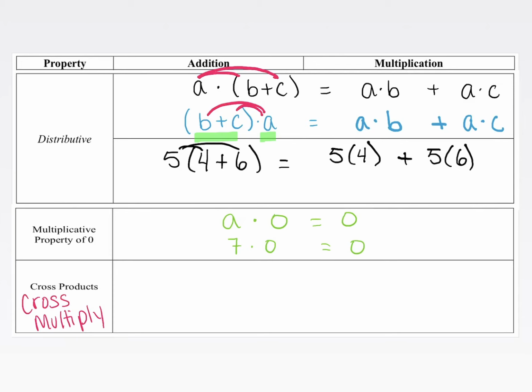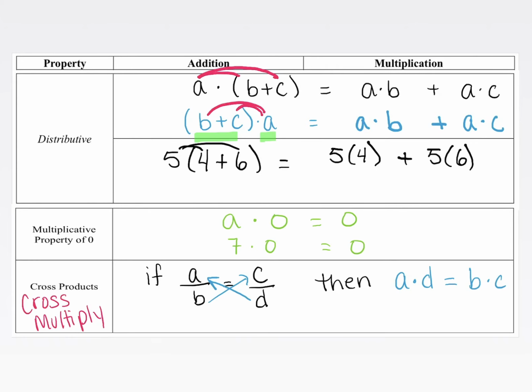What this property states is if we have A divided by B equals C divided by D, then that is equivalent to A times D equaling B times C. So the numerator of one fraction times the denominator of the other equals the denominator of the first fraction times the numerator of the other.